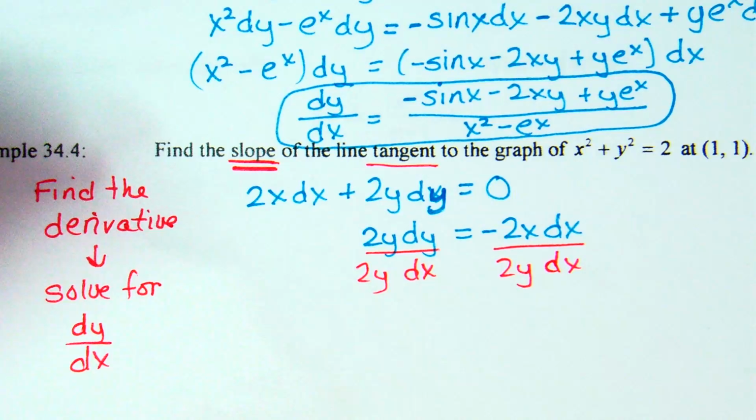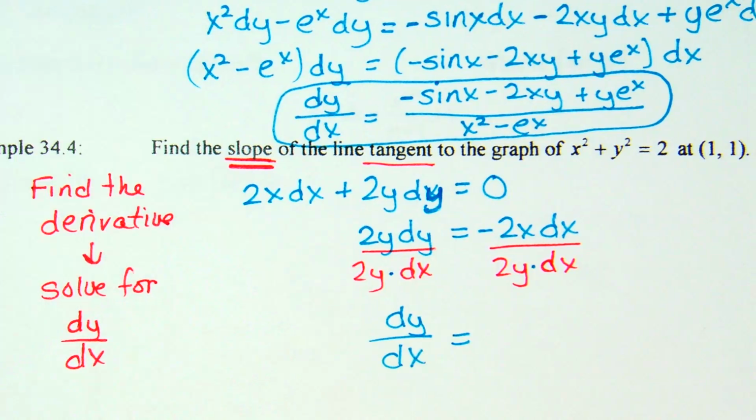So I end up with dy/dx equals 2x over 2y. What happens with dx's? They cancel. What can happen with the 2's there? They can cancel. So what can I express this as? Negative x over y.